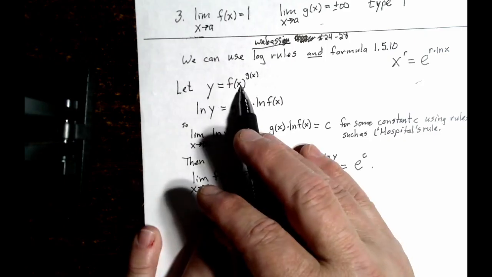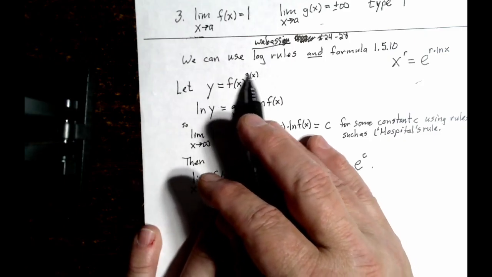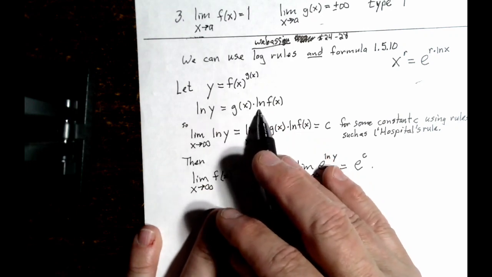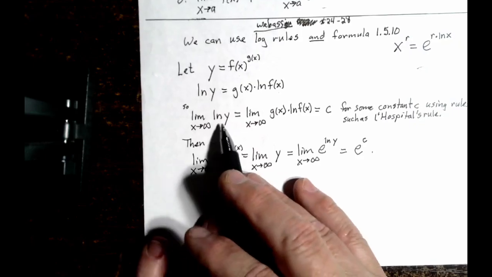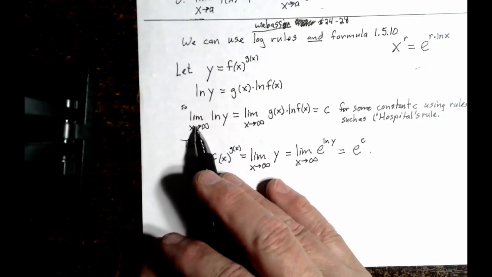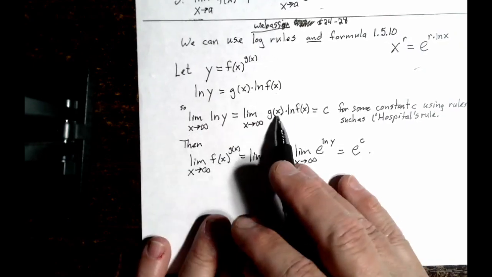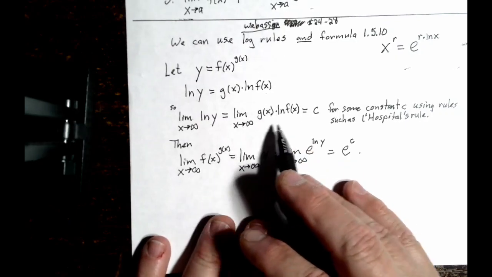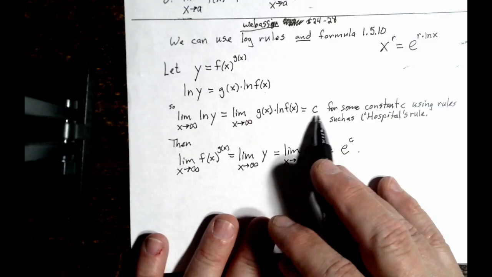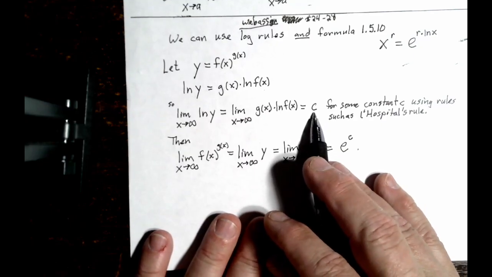When you take the natural log of f to the g of x, you can bring the g of x out front. And so you get g of x times ln of f. So now just watch what we do here. You're going to take the limit of ln of y, which is the limit of g ln of f. And when you simplify this down using L'Hopital's rule and other techniques, it will go to a specific number, some constant c. It always will.